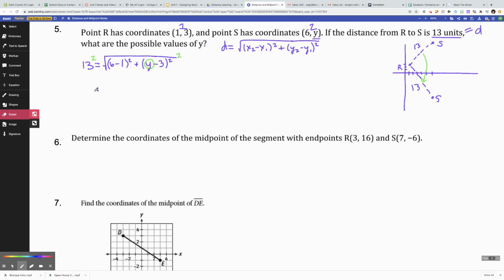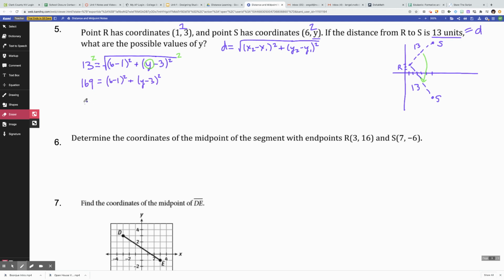I've squared both sides. So 13 squared is 169. So you have 169 equals 6 minus 1 squared plus y minus 3 squared. Okay, now I can deal with some of this other stuff.